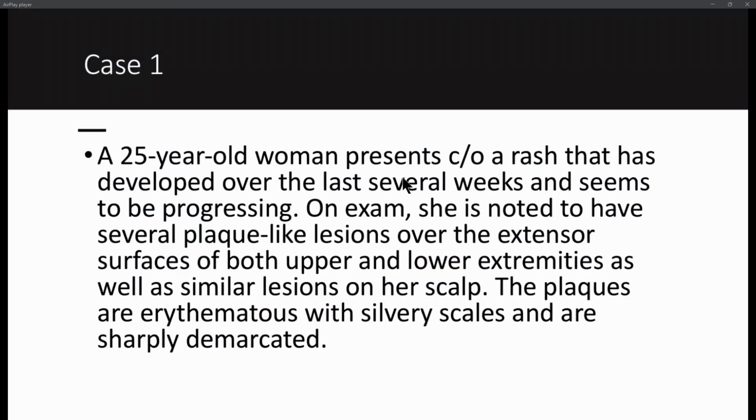25-year-old woman presents complaining of a rash that has developed over the last several weeks and seems to be progressing. On exam, you see several plaque-like lesions over the extensor surfaces of both upper and lower extremities. When you guys get into derm, really pay attention to what lesions affect the extensor surfaces versus the flexor surfaces.